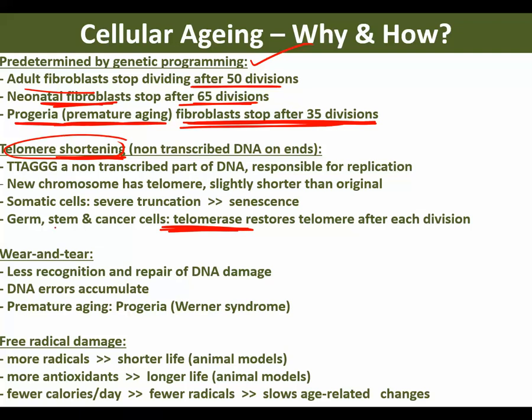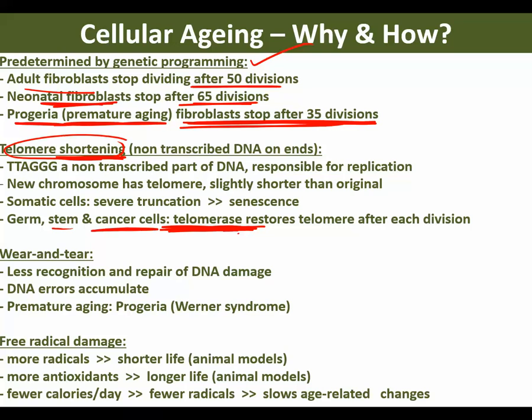Especially in stem cells and in cancer cells, telomerase is high. They can bring back the telomere, so they keep on dividing. Telomere shortening happens in the normal cell, and telomere lengthening happens in the cancer cell, so the cell can keep on dividing, because the cancer cells have the enzyme telomerase that can bring back the telomere.